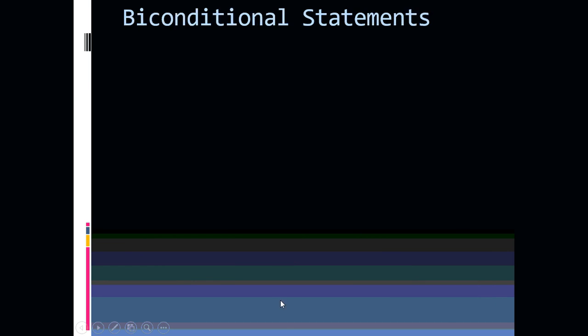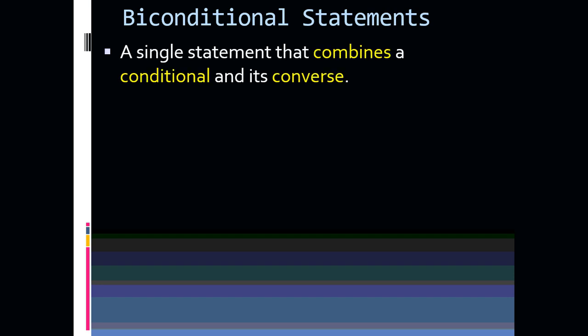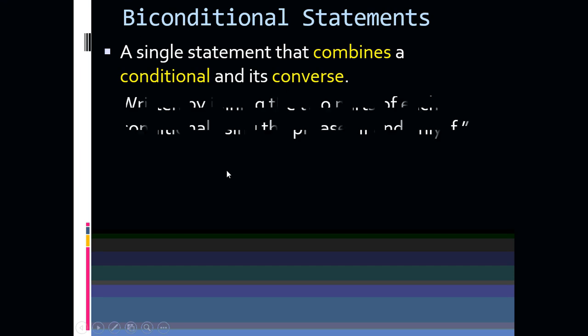All right, so let's do the lesson for today. We're doing biconditional statements. A biconditional is a single statement that combines a conditional and its converse. Bi means two.